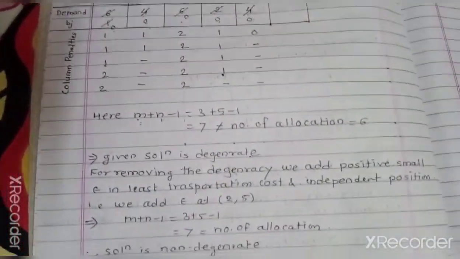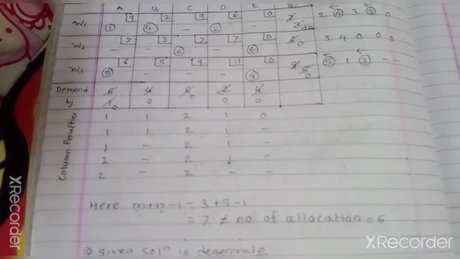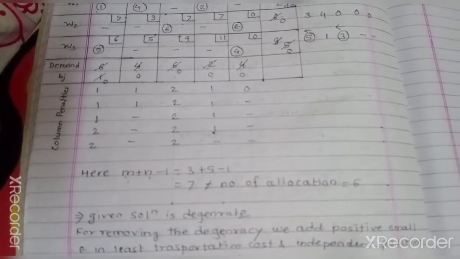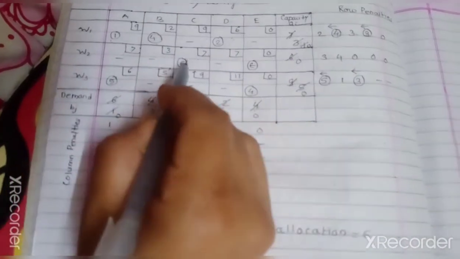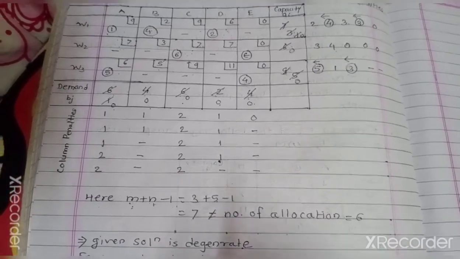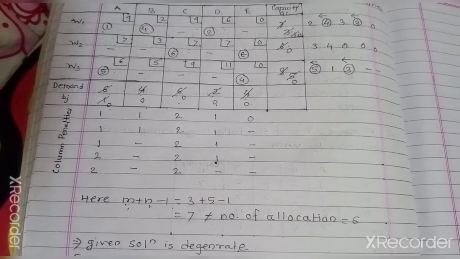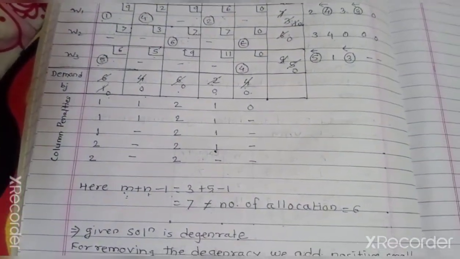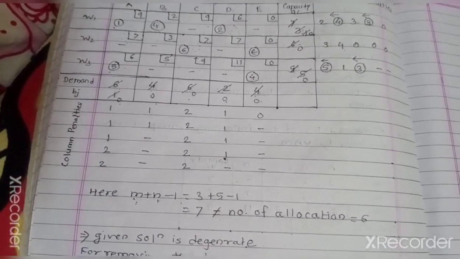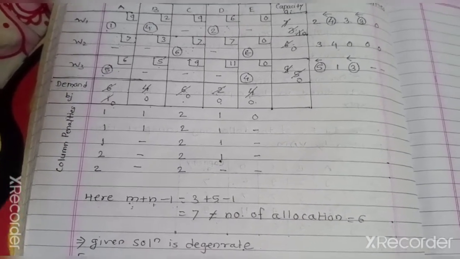x11 equal to 1, x12 equal to 4, x14 equal to 2, x23 equal to 6, x25 equal to epsilon, x31 equal to 5, and the last one is x36 equal to 4.